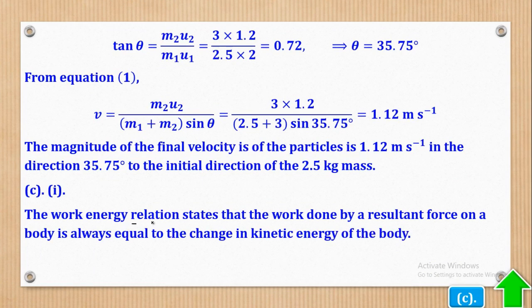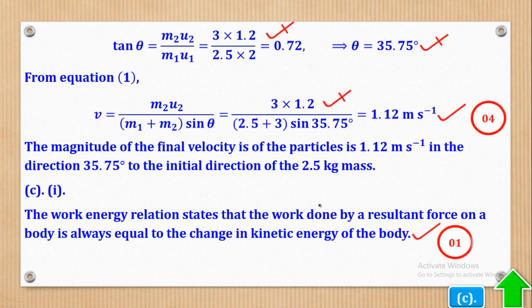So the work energy relation states that the work done by a resultant force, note this word, resultant force, on a body is always equal to the change in kinetic energy of the body. So that is the work energy relation or the work energy theorem.